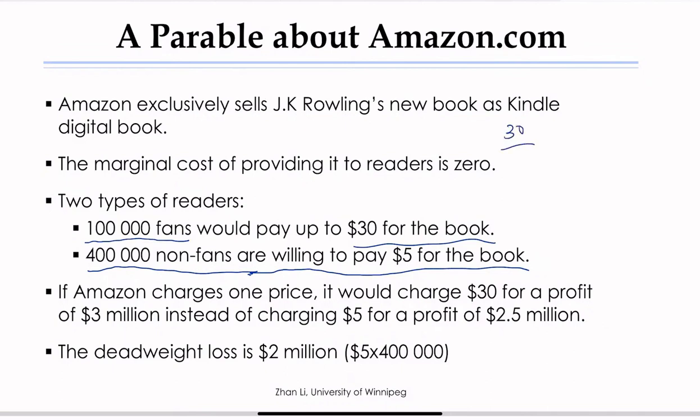You can sell at $30 or you can sell at $5. If you sell at $30, then this is essentially the willingness to pay for 100,000 fans, and non-fans will not buy your book. So the quantity you can sell is 100,000. In this case, your profit would be 3 million, right?